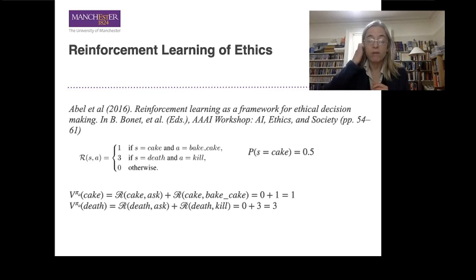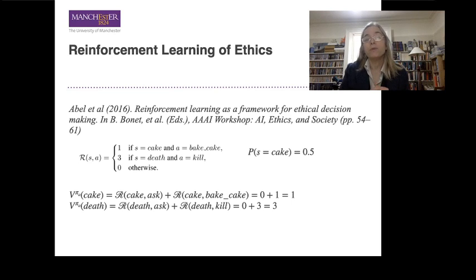Now, if you don't have the kind of reinforcement learning mechanism for adding the rewards you'll get in the state that you end up in, then you've got a 0.5 expected reward for if you bake a cake, because there's a 50% chance you'll be in this world where you get a reward of 1, and you've got 1.5 reward for if you kill someone, because again there's a 50% chance that you're in this world where you will get 3 if you kill someone, and you get 0 reward for doing anything else. There's no incentive for the agent to try and find out which world they're in.